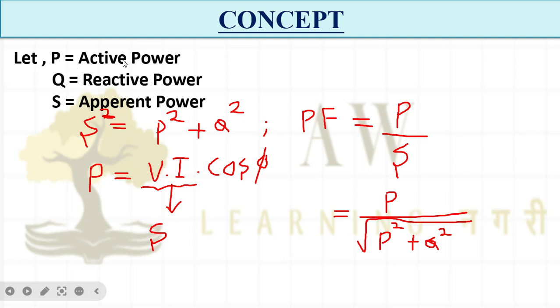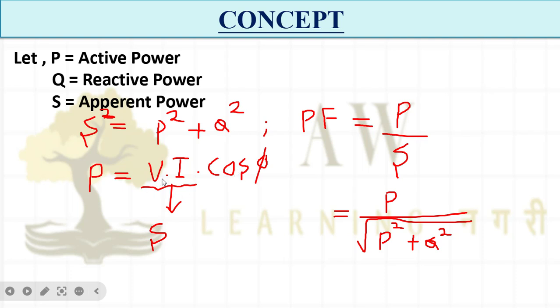Let us denote P as the active power, Q as the reactive power, and S as my apparent power. You know this relation: S square is equal to P square plus Q square. For a one phase system, active power P is given by V into I into cos phi, where cos phi denotes the power factor.